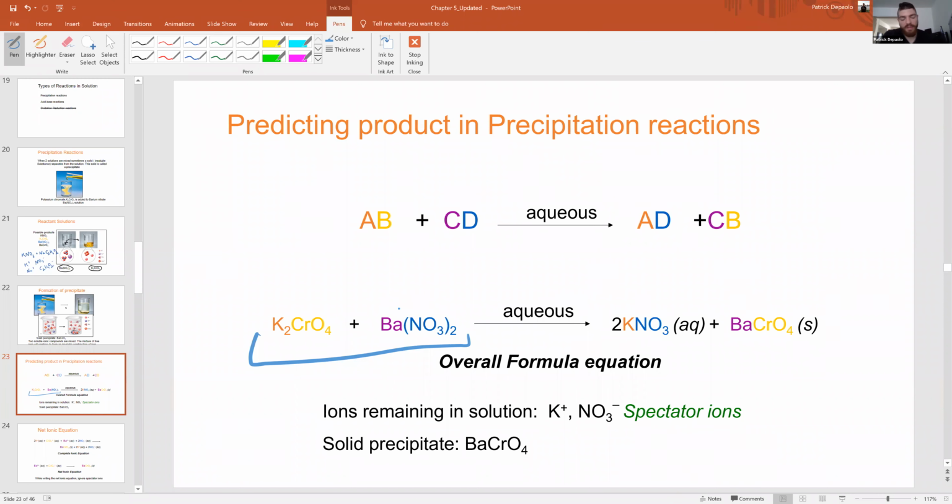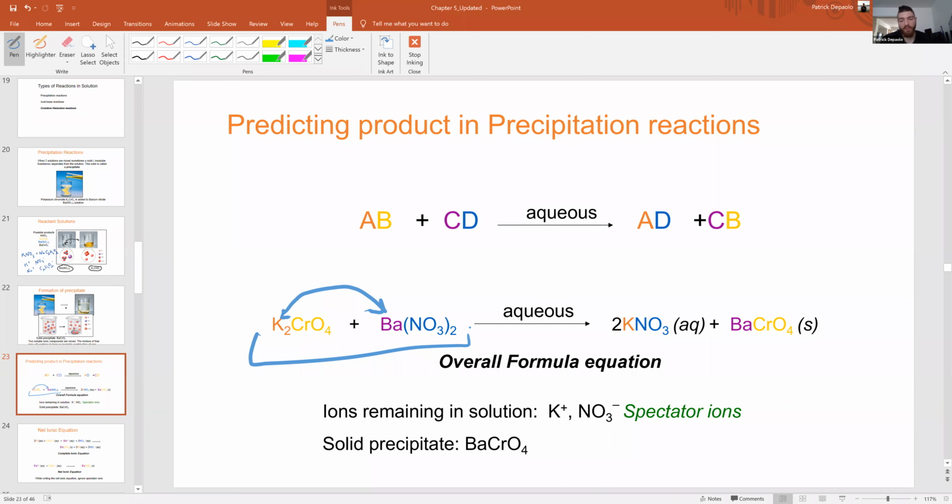So these are also called double replacement reactions, where all you do is basically switch the cation. See how it's like AB plus CD? You switch the A and the C, you get AD plus CB. Same thing. So you're switching the cations, and you end up with barium chromate and potassium nitrate.